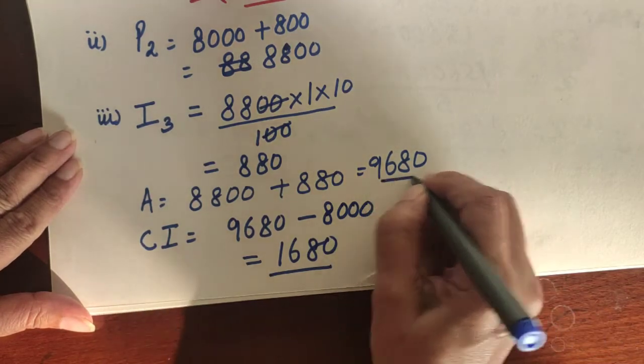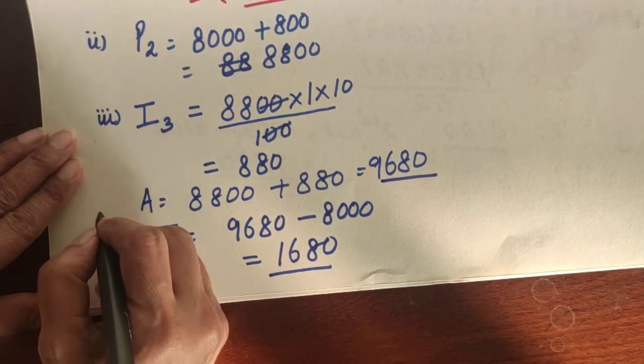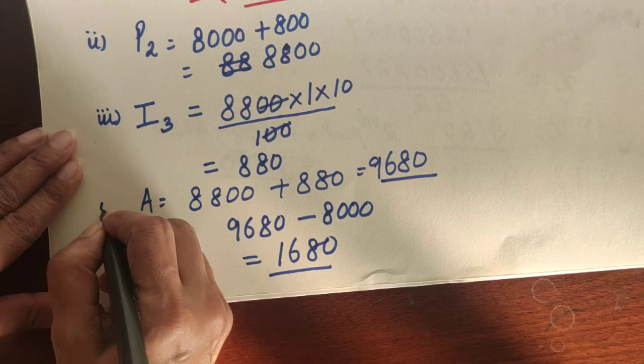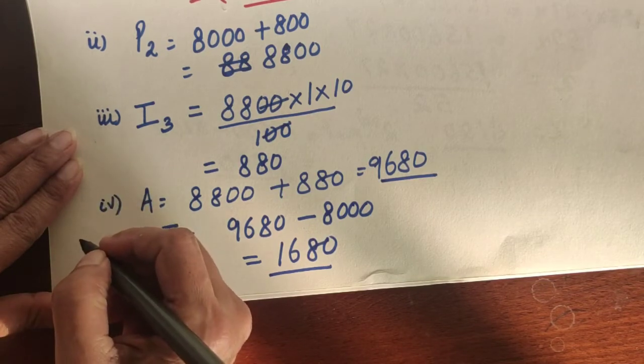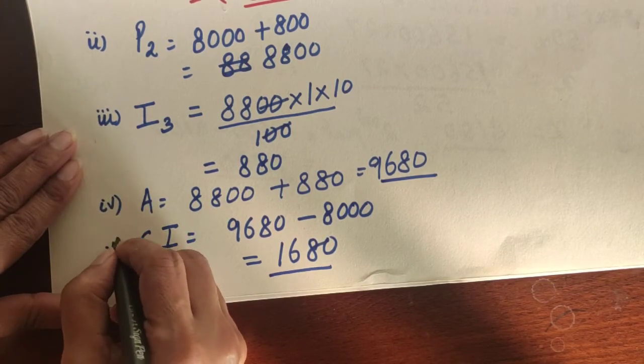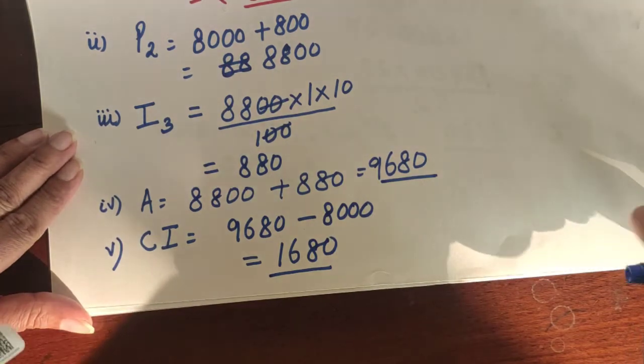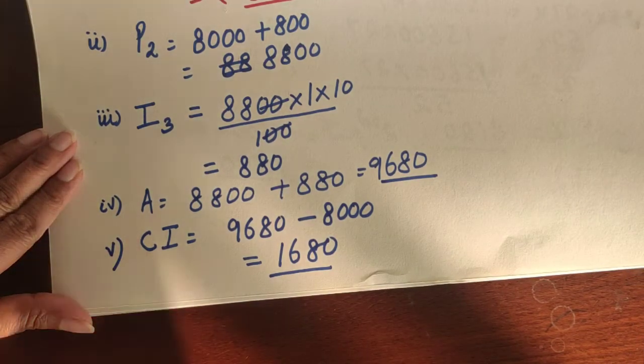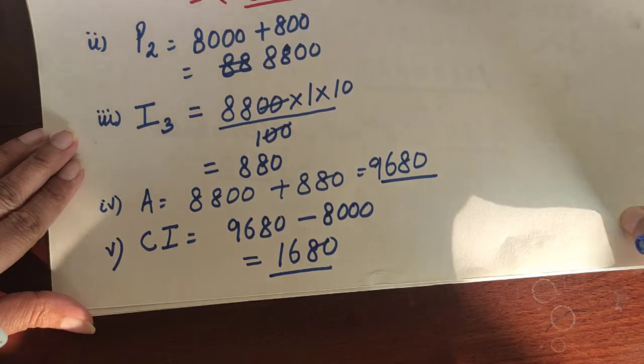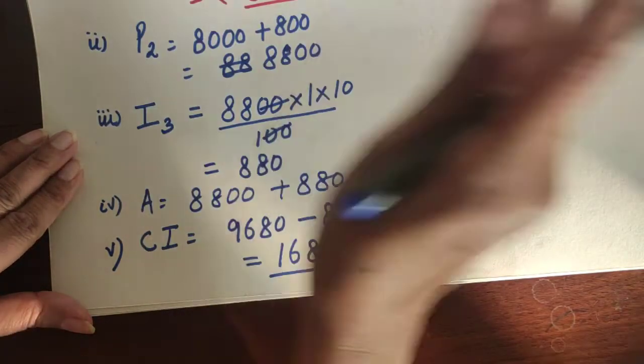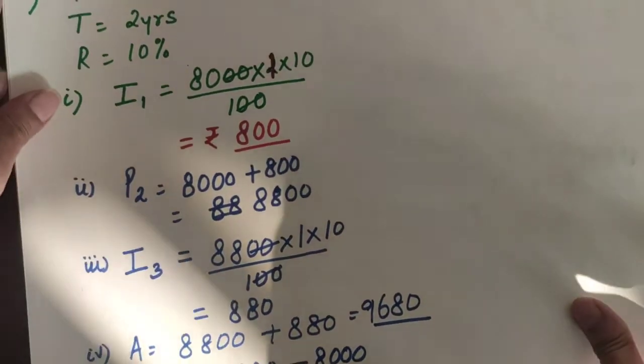So this is the fourth part and the fifth part. Fourth part is the final amount and fifth part is the compound interest. So this is what we do for the compound interest here. Compound interest will be the final amount minus the initial principal.